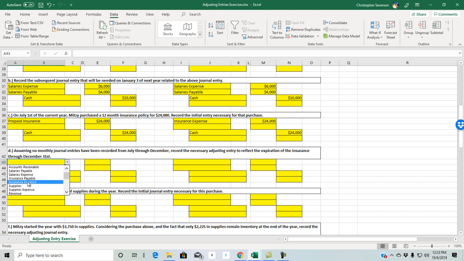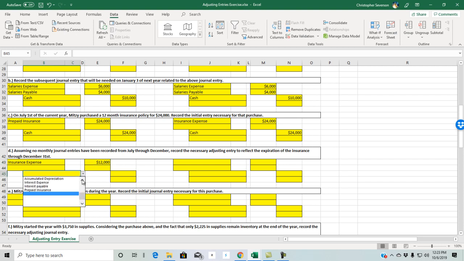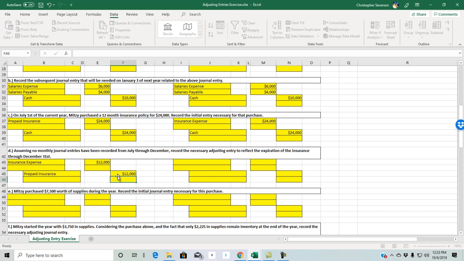So here, we're going to debit insurance expense for the amount we have used, which is half of $24,000, and we're going to credit the amount that was started off as an asset, and now we're reducing it down to the proper balance. So we're debiting insurance expense to add that into insurance expense. We're crediting prepaid insurance, the asset, to reduce that. So that's where we get that amount.